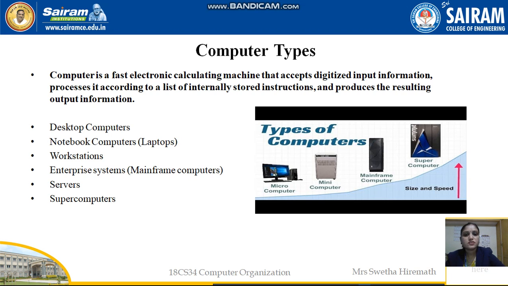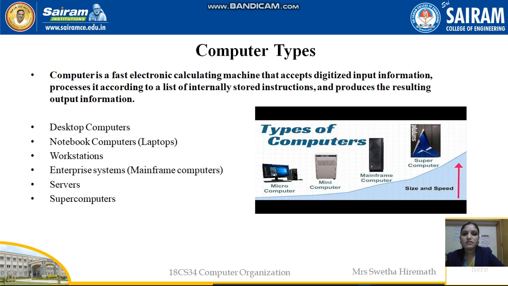Computer is a fast electronic calculating machine that accepts digitized input information. So whatever information we input, it will be converted into digitized input information, that is zeros and ones, and processes it according to a list of internally stored instructions. So in a computer system there is a part called the CPU, that is the processing unit.